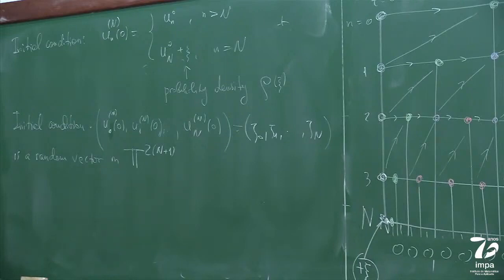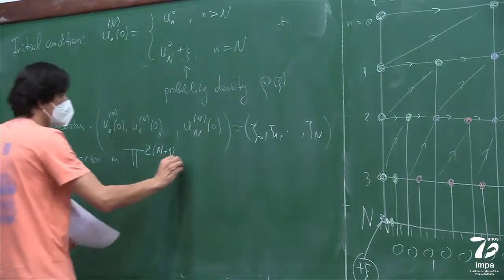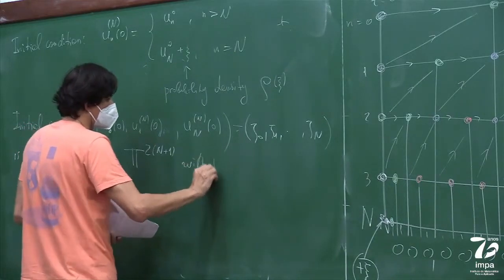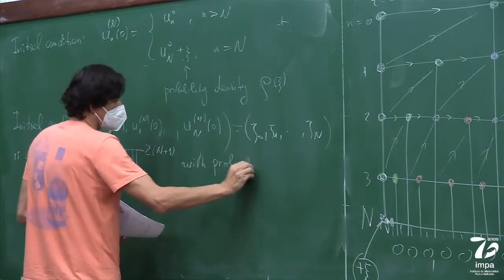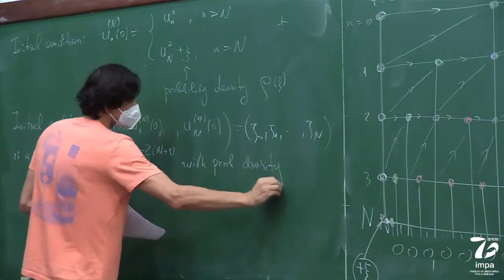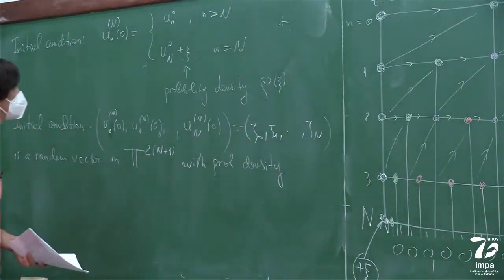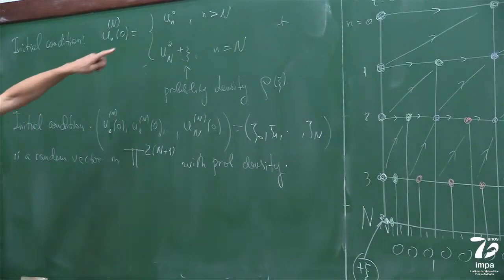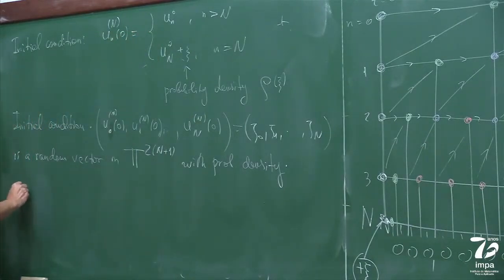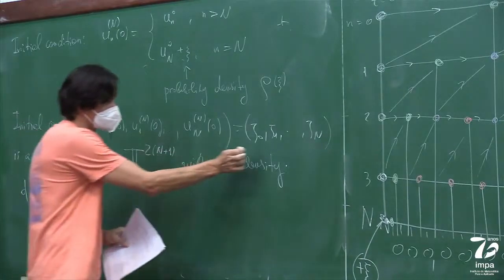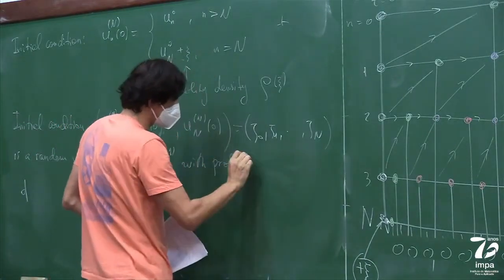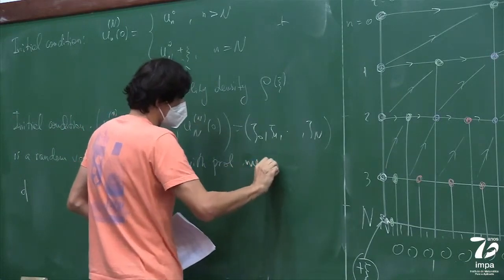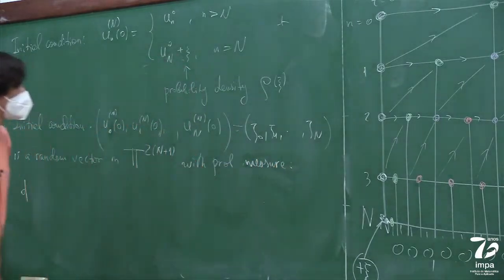And of course, we can write the probability density. So how do you write the probability density? The first ones are deterministic, so they are delta functions. So let's say directly the probability measure, so it's already not a density.